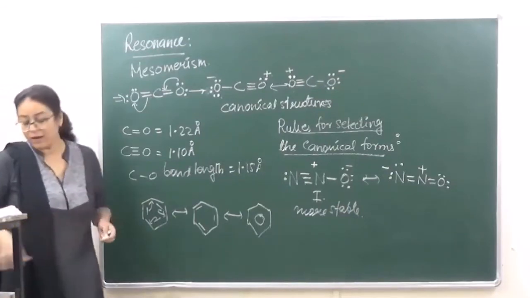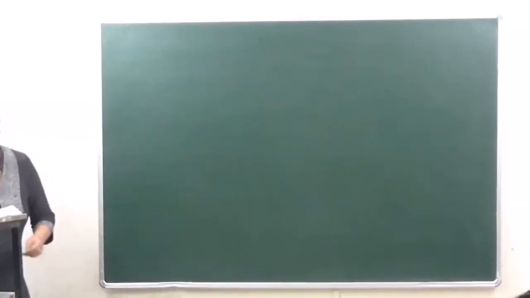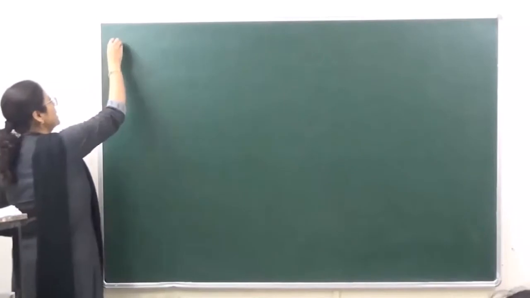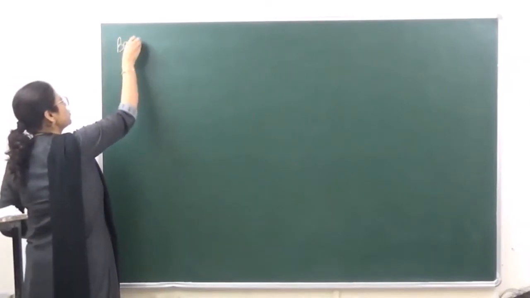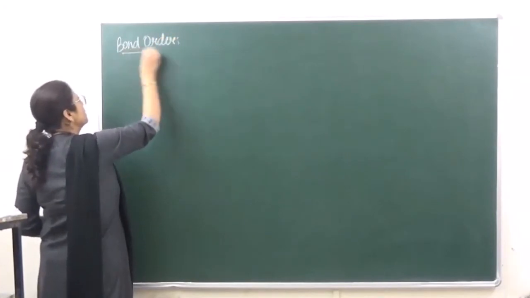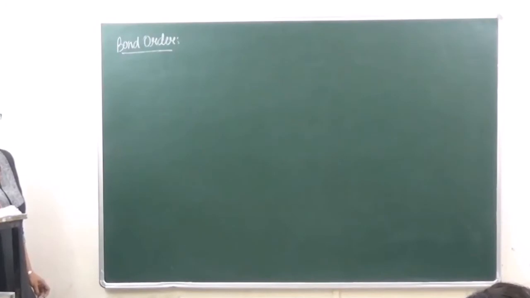Now then there is one very important concept which we are going to do over here, right? So क्या है ये? कि the resonating structures help us to calculate bond order. Right?